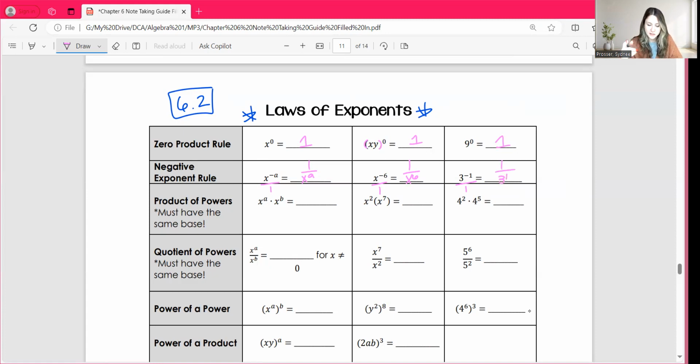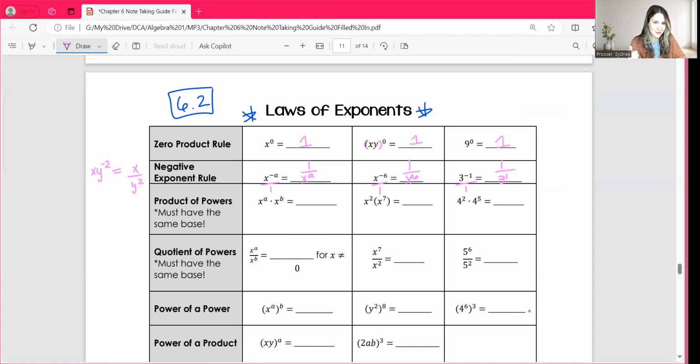I'm going to show you an example where we do have something else. Let's say we have x times y to the negative 2. All that gets moved to the denominator is the variable with the negative exponent. So y squared moves to the denominator to make it positive, but the x is still in the numerator. There was nothing wrong with the x, so we leave it in the numerator.